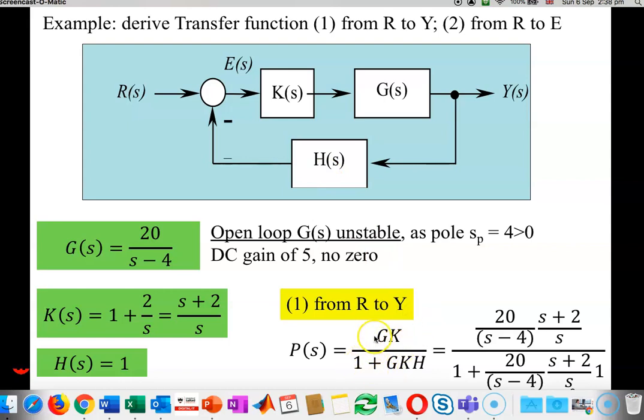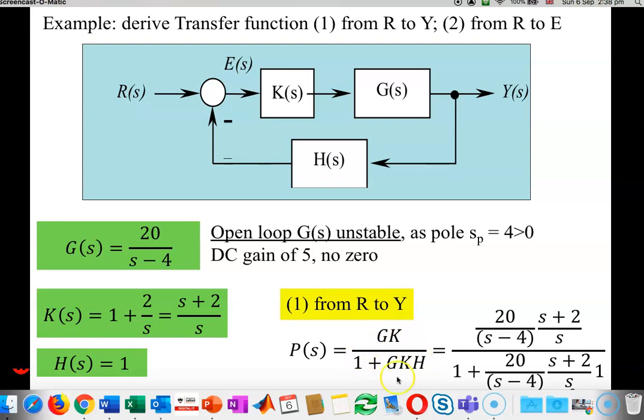Then we're going to look at the numerator. What should be in the numerator? Because I'm looking for the transfer function between R and Y, I'm going to look for the forward path between R and Y. From R, it feeds through here, there's K, that's the first block. It feeds through again, that's G, my second block, and then goes to Y(s). So there are only 2 blocks in the forward path between R and Y. I'm going to multiply these 2 together and stick that in the numerator.